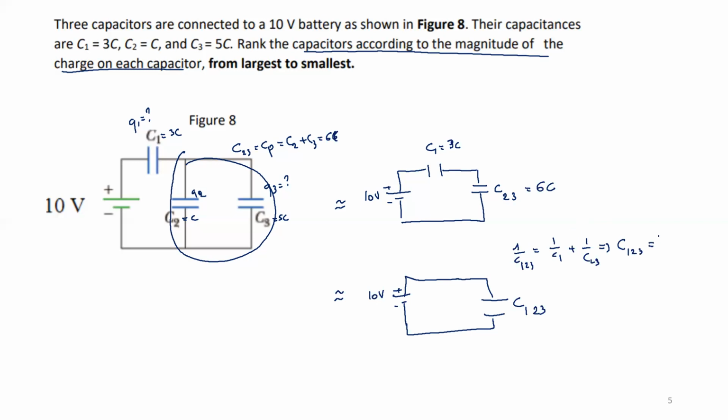C1,2,3 is just the product C1 times C2,3 divided by the sum C1 plus C2,3. So C1,2,3 is equal to what? Here you have C1, which is 3C, times 6C, divided by 3C plus 6C. And this gives you 18 divided by 9C, which is 2C.